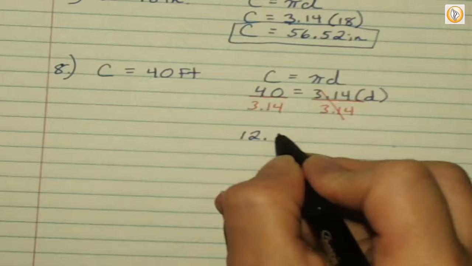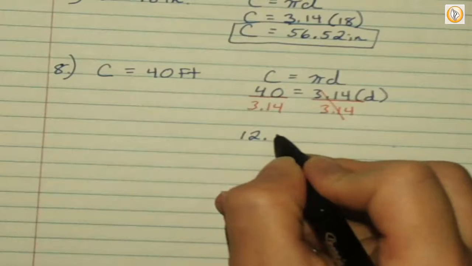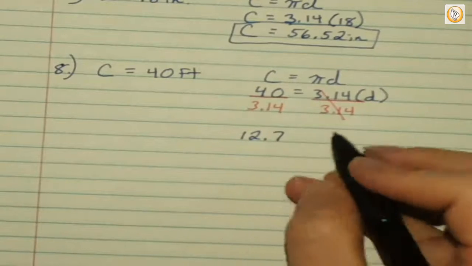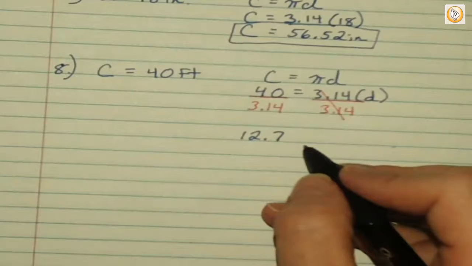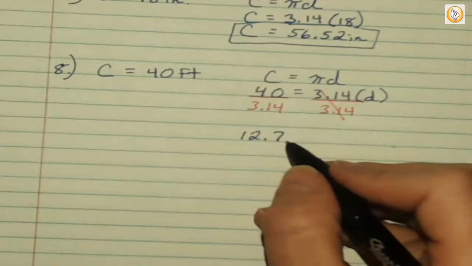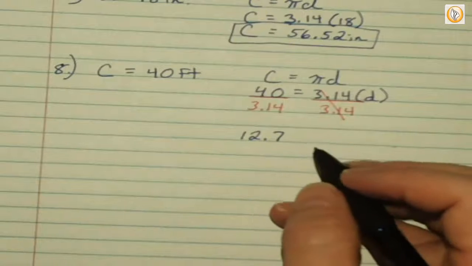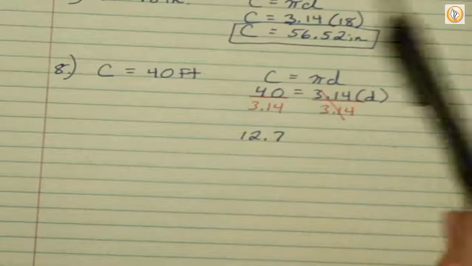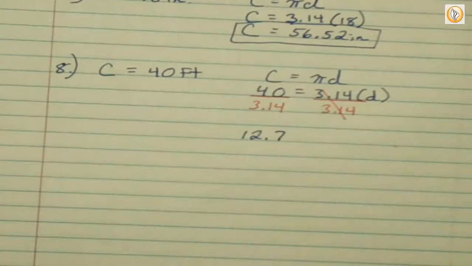12.8. Are you sure? 12.73. Wait, 12.74. No, okay, 12.7. Okay, that's fine. Well, which is it? Are you trying to round?